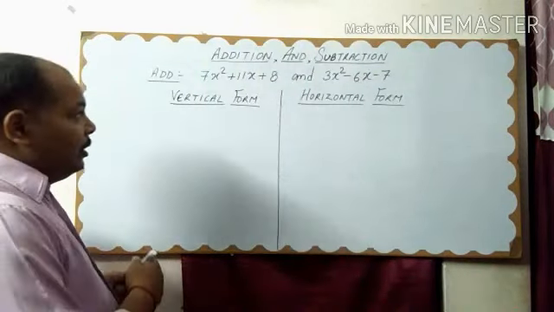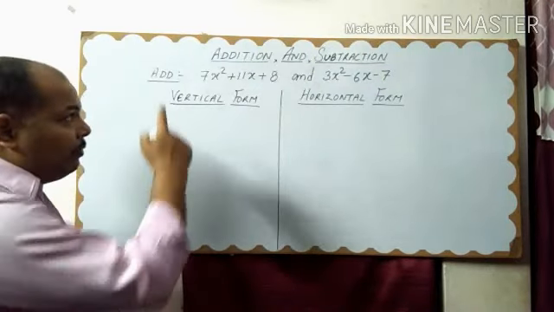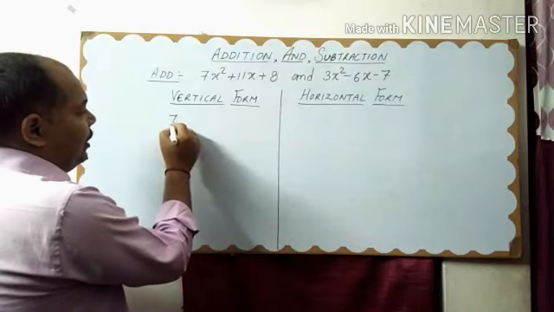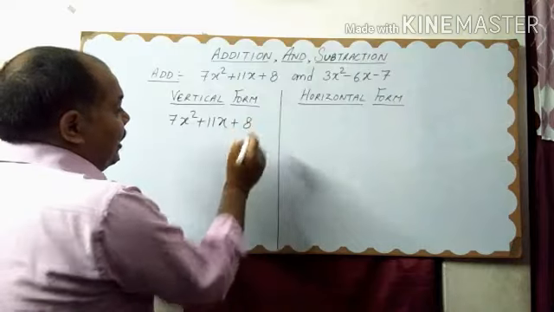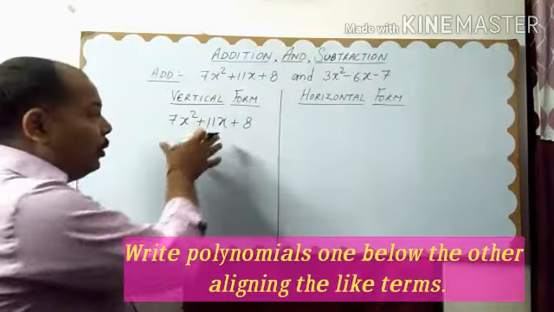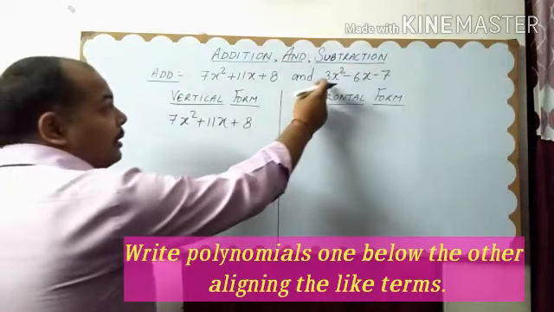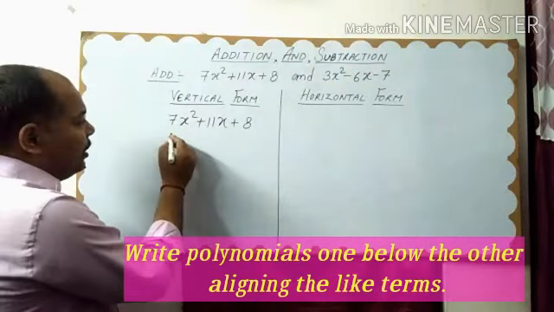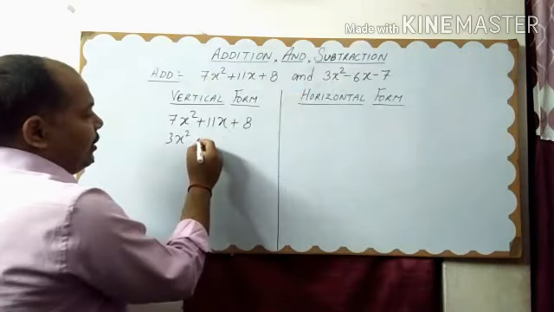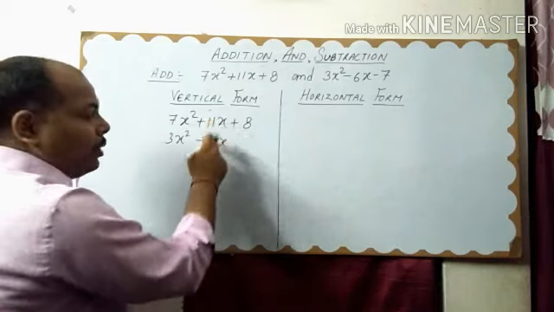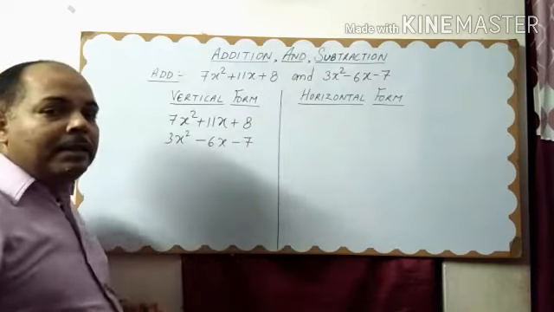Whenever you add polynomials in the vertical form, first write down the first given polynomial, 7x square plus 11x plus 8, and write down the second polynomial below it, aligning the like terms. Write 3x square under the 7x square because both are like terms, and minus 6x under the 11x, and minus 7 under the plus 8, because these are like terms.